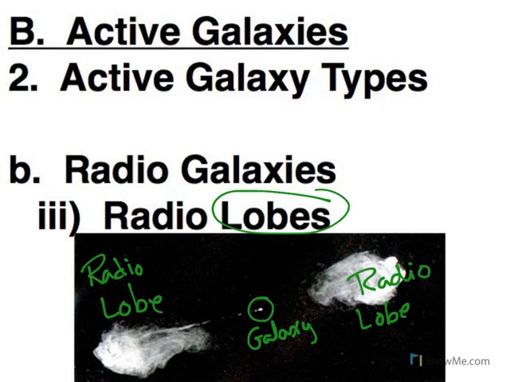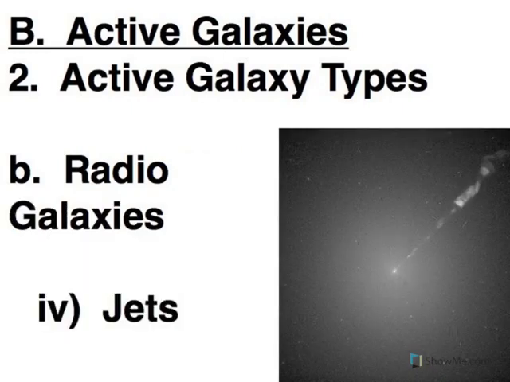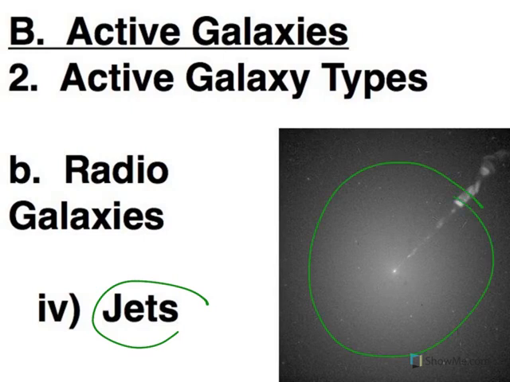So that galaxy is doing something to shoot material out to where these lobes are. And sometimes we can see what's actually shooting, and we call that a jet. So here's our galaxy. That's a nice elliptical, probably an E0 because it's very round, and this linear feature, that is the jet.